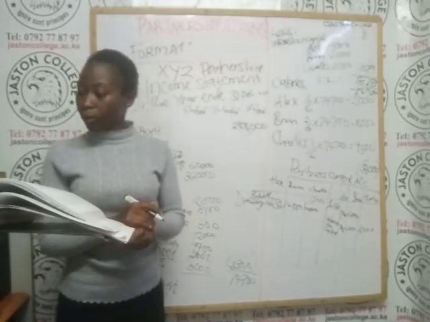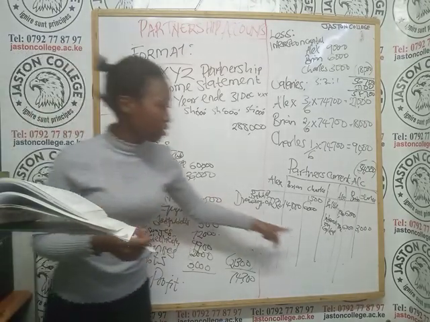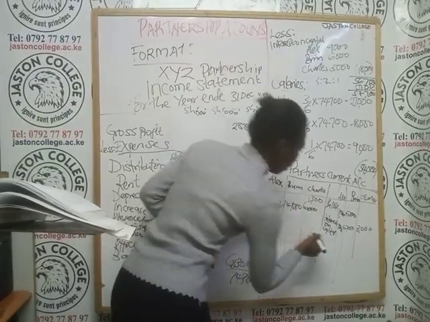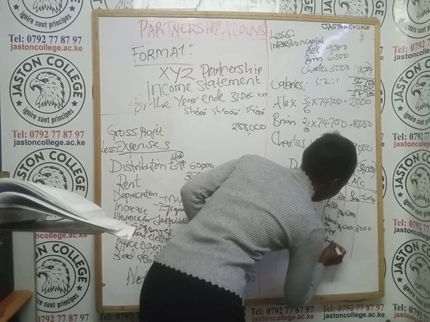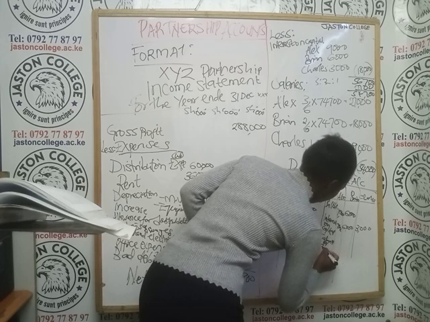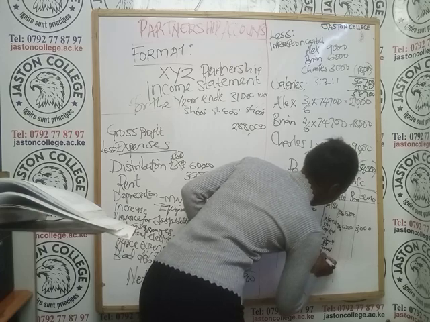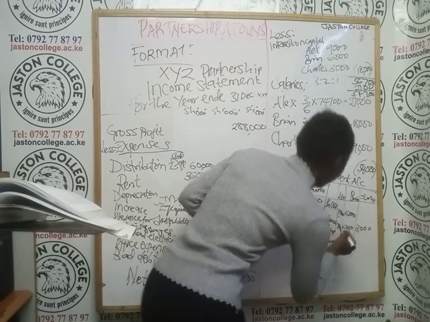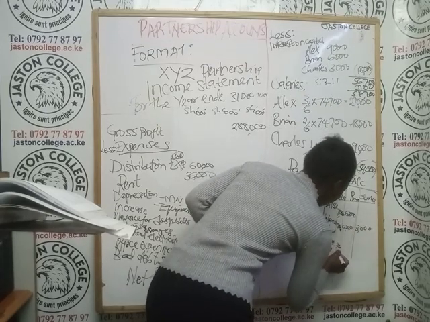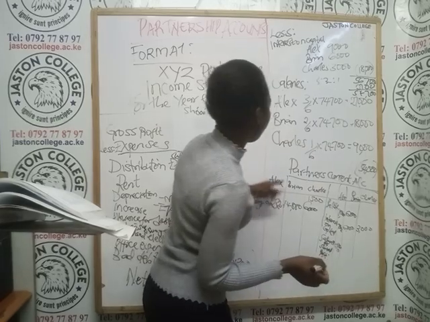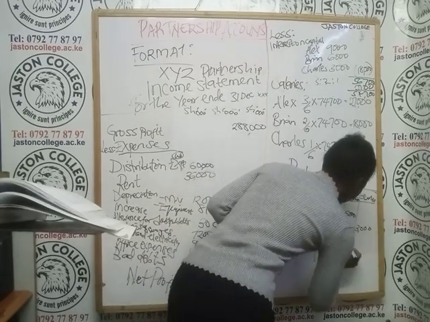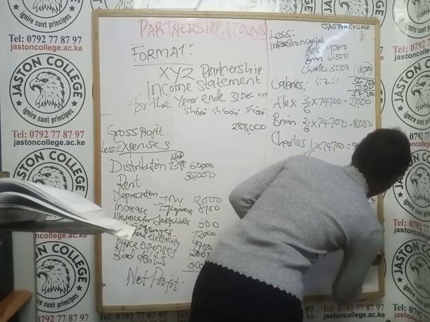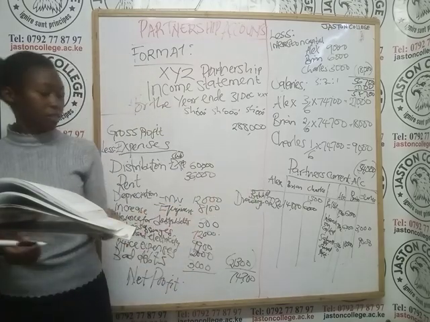We also have salaries of the shared profit, the ones we wrote here. For Alex, we have 27,000. For Brian, we have 18,000. And for Charles, we have 9,000. Okay, those were their salaries.